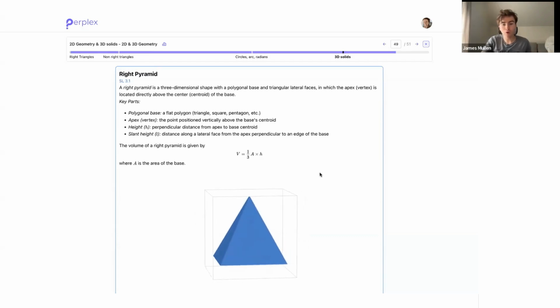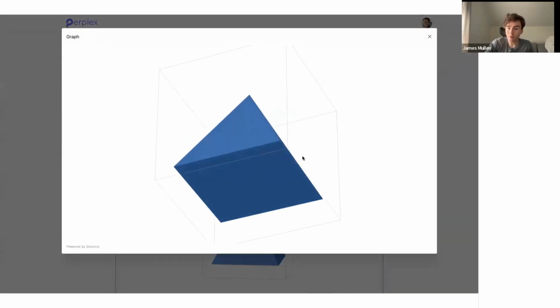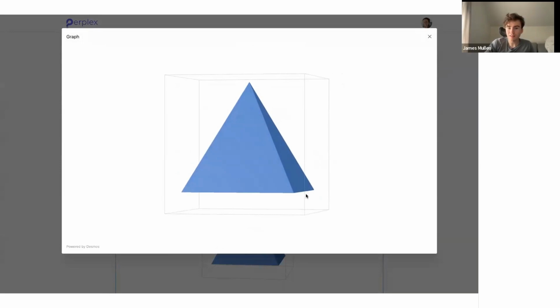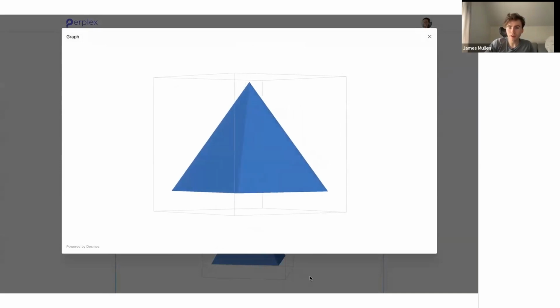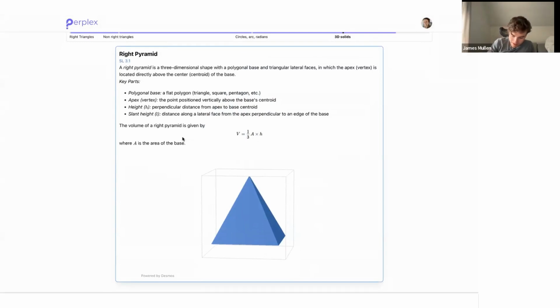And its volume is going to be 1/3 of the area of the base, which in this case is a square, but it's not always a square, 1/3 of that times the height. Okay, so what I want you to notice here is, imagine that I have a polygon. Let's say I'm doing a hexagon, and it has a certain area.